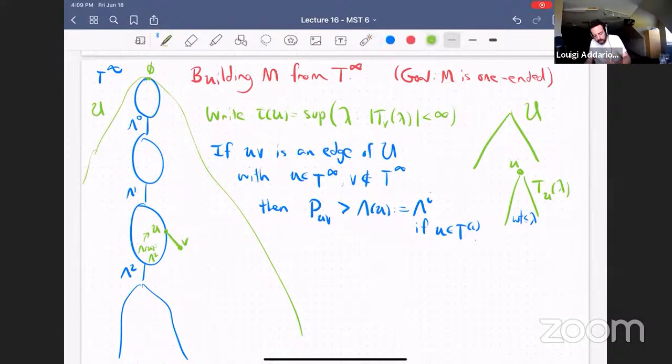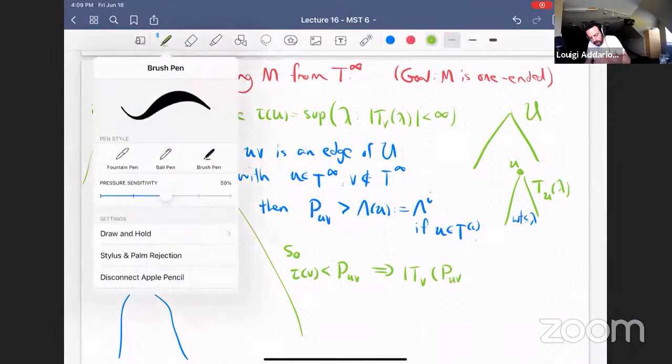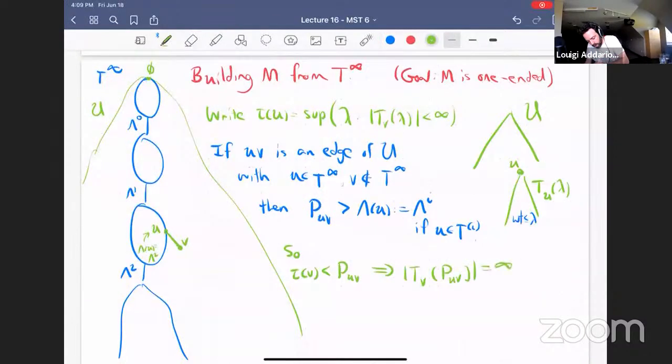So that means that if the other one is infinite, if tau v, which is the threshold for this tree being infinite, is less than PUV, then that means that the subtree rooted at v at this value PUV is infinite, which implies that the edge UV is not an edge of M.